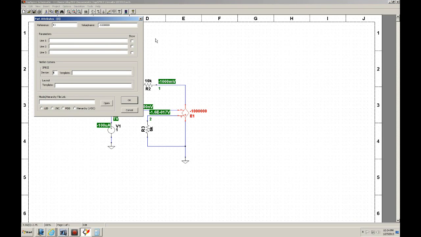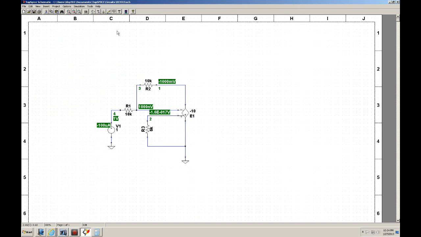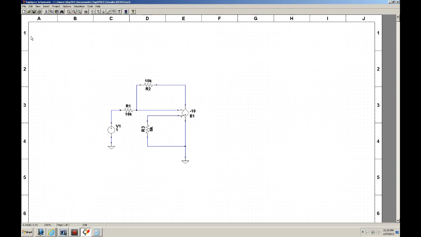So what we do is we go here, change that 1 million to 10. Simulation. Let's see what we get. What do you know, negative 833.3 millivolts.